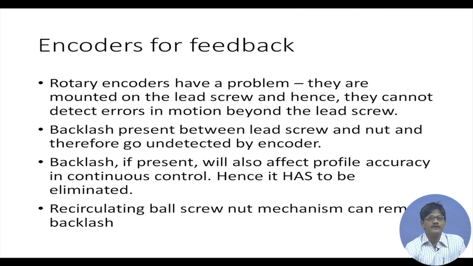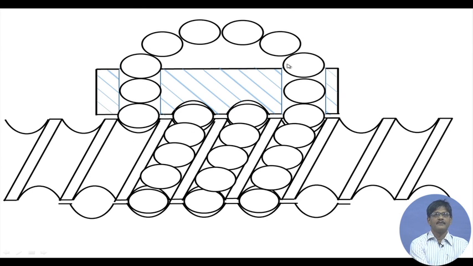One way to eliminate this backlash is by providing recirculating ball screw nut mechanisms. It looks somewhat like this. The depiction is not very good. This is the screw inside. Instead of directly coupling with the nut, we have balls which are circulating, rolling in between the screw and the nut, and they ultimately get recirculated to enter the helix once again this way.